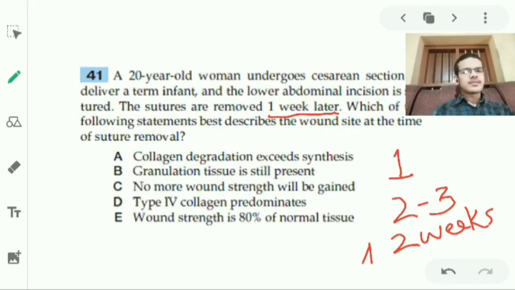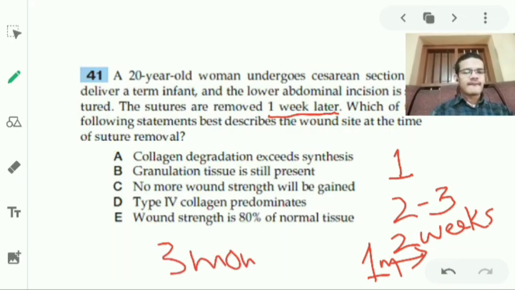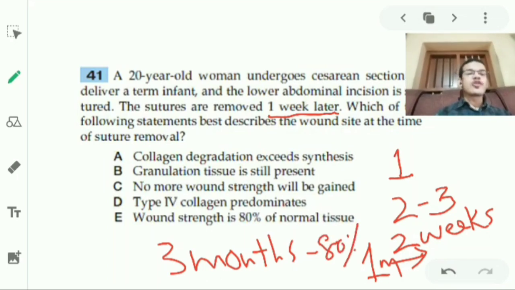After 1 month, the collagen is dense. Most of the scar is composed of collagen. And by 3 months, the wound regains 80% strength of the normal tissue. So this is what is happening.